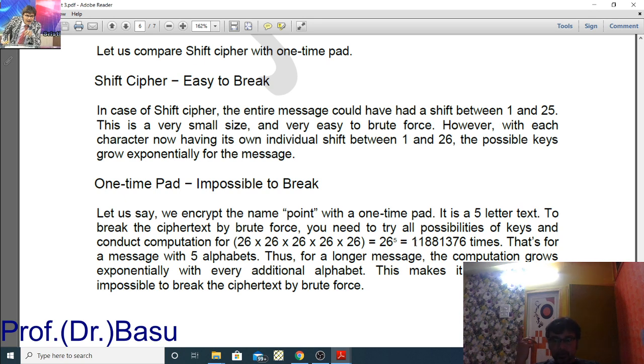Are you getting me? If the string length is 5, then we can get this number of sequences with the different computations.